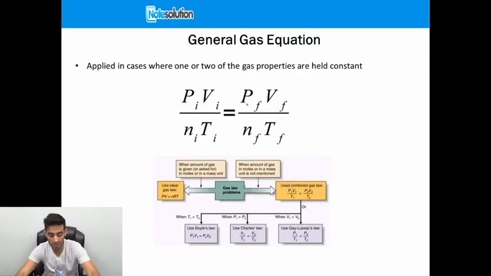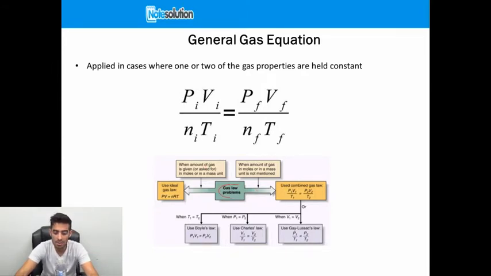It is represented as P initial times V initial over N initial times T initial equals P final times V final over N final times T final. So here you have a sort of map to guide you through which law you should use and in what situations.